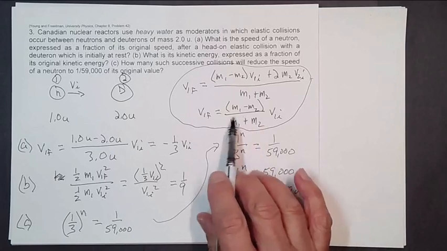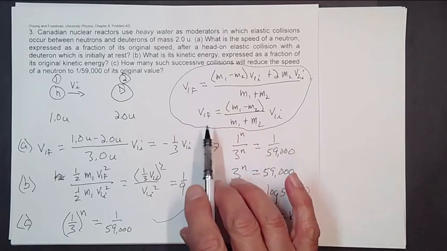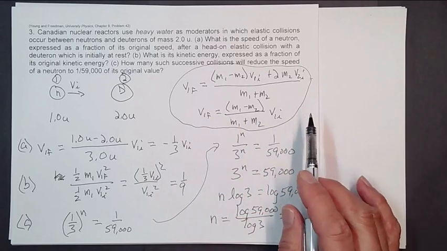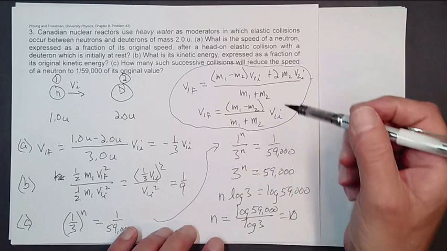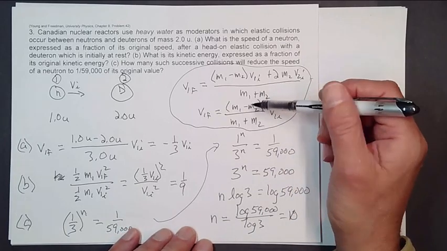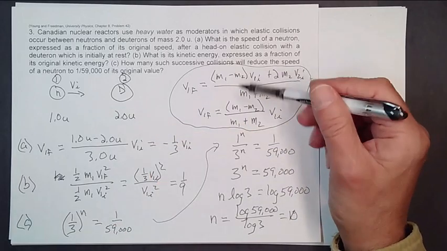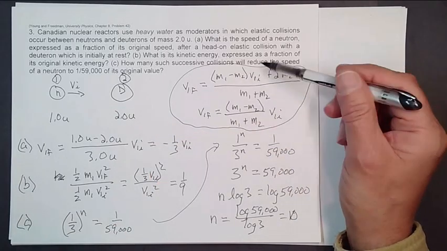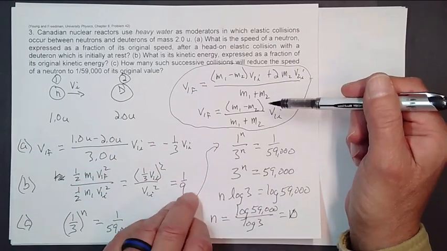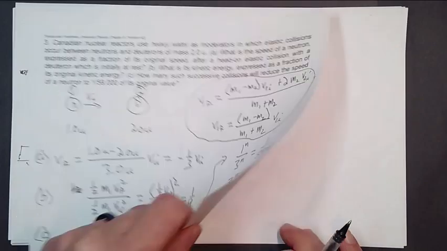And this also tells you that anytime you have an object of mass m1 bouncing off an object m2 that's at rest, if the mass of m2 is greater than the mass of m1, m1 is going to recoil in the opposite direction. Now again, this is an elastic collision, one in which the total kinetic energy is conserved. So that's a special kind.